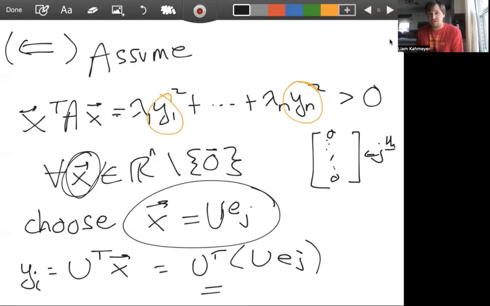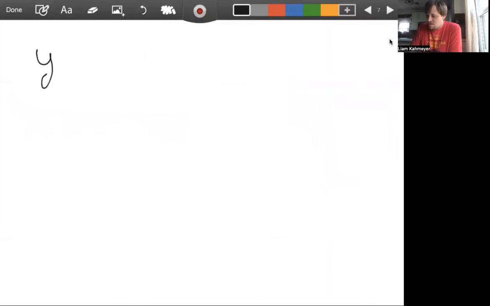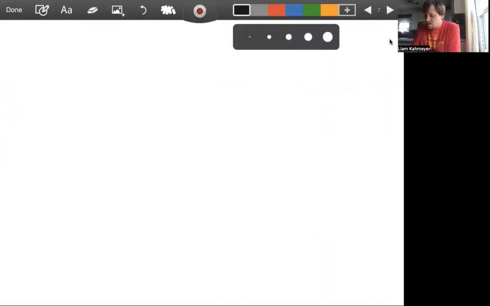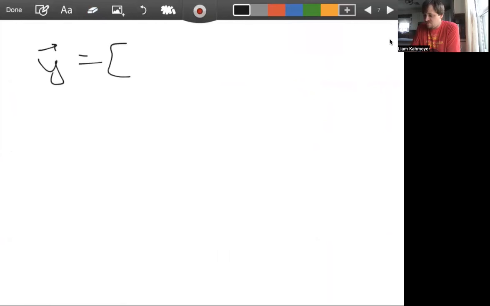For an orthogonal matrix, its transpose is equal to its inverse. So this product, by associativity, just gives us the standard basis vector e_j, which means the entries of y, y_i, are equal to delta_ij.